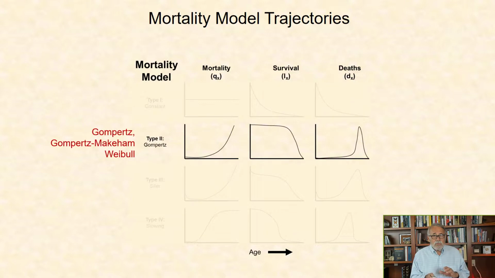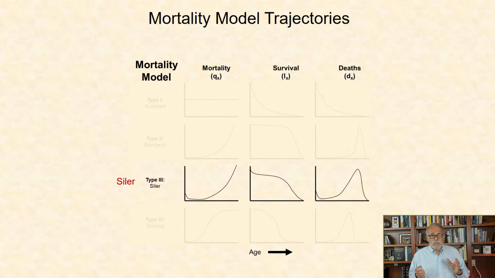The next group of mortality models includes the Gompertz, the Gompertz-Makeham, and the Weibull, that shows the exponentially increasing mortality trajectory of QX and age patterns of survival and death. The shapes and details of these will depend upon the particular parameter values used in each of these models.